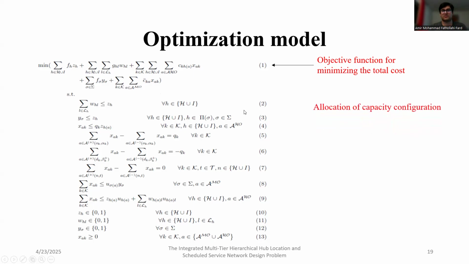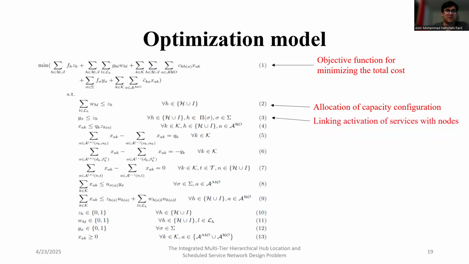The first constraint shows that if we locate a hub, we must define its capacity configuration. That means that if a hub is located, there is a possibility to define a capacity configuration which has been assigned to this hub.